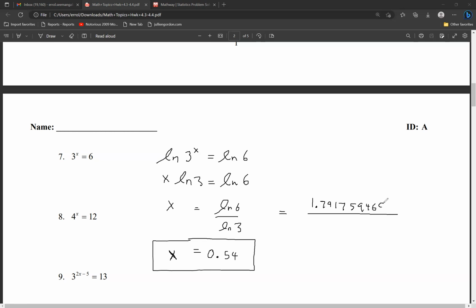Okay, give me the whole thing on ln 3. 1.0986122289. So now divide these two numbers.